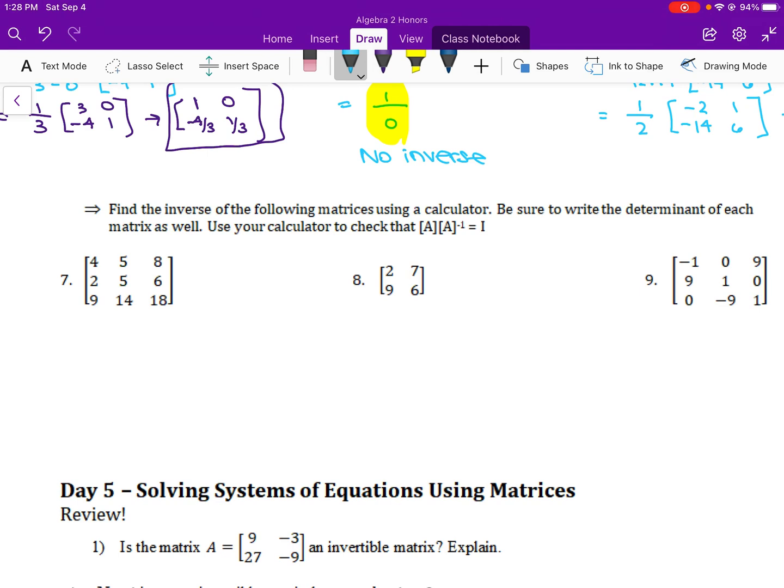So if I go ahead and edit my matrix name, I'm going to call this one A, and I'm entering 4, 5, 8, 2, 5, 6, 9, 4, 14, and 18, typing this into my calculator. And I want to find the determinant of this matrix using my calculator. Okay, so let me name this one A.